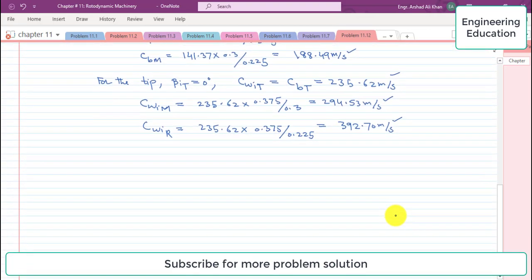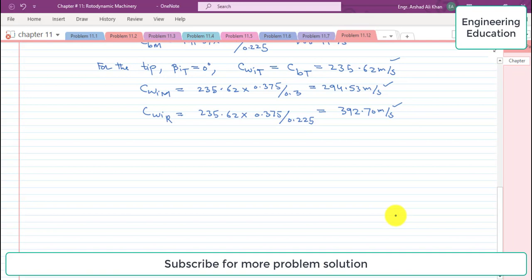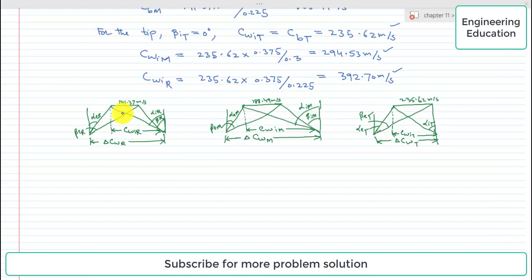Further, we can separately make velocity triangles for each position. These are the velocity triangles. This one is for blade root. This velocity triangle is for blade mean radius.